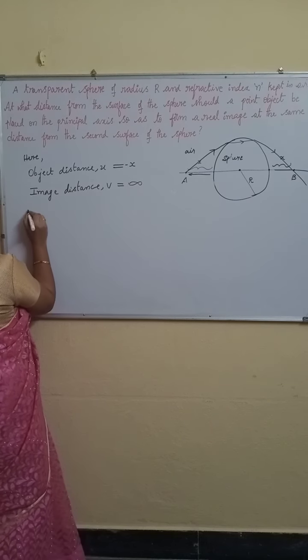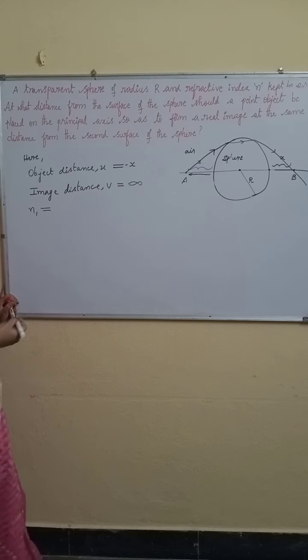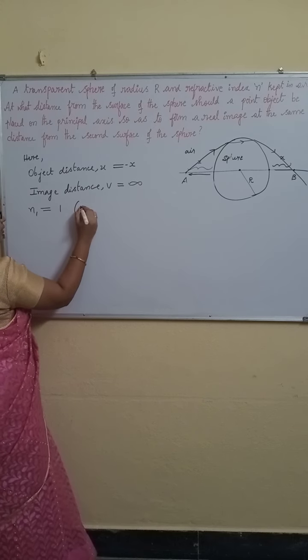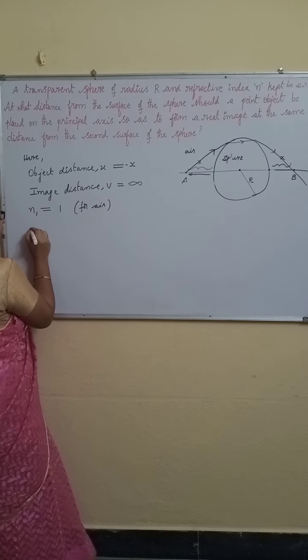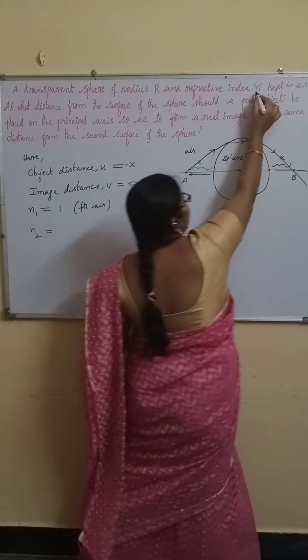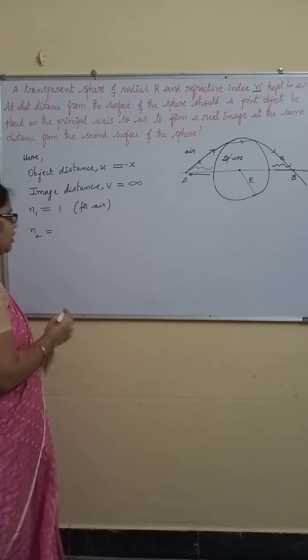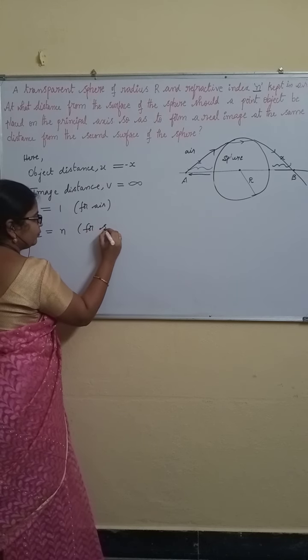Now, refractive index of the first medium, for air, how much? It is 1. This is for air. And the second medium, that is the sphere. He has given refractive index as n, so n2 value is n. This is for the sphere.